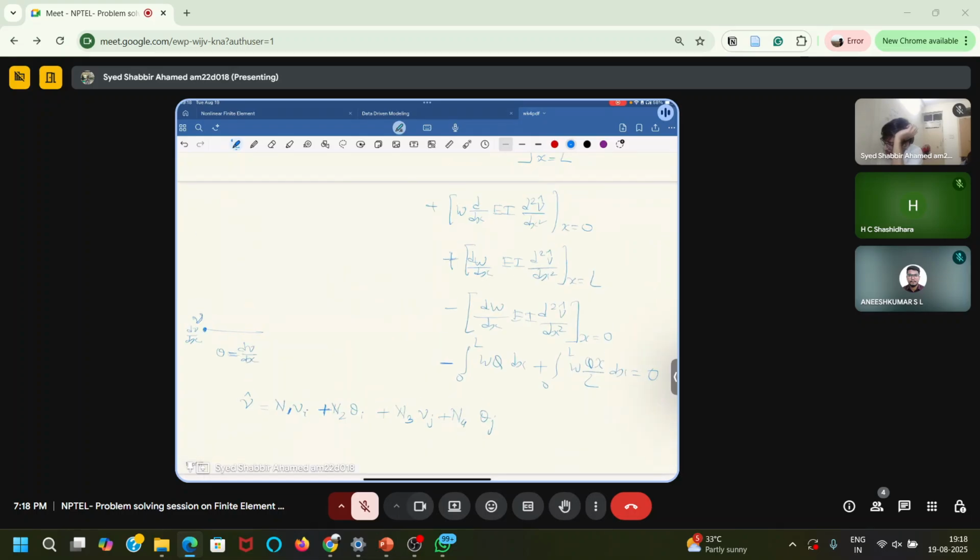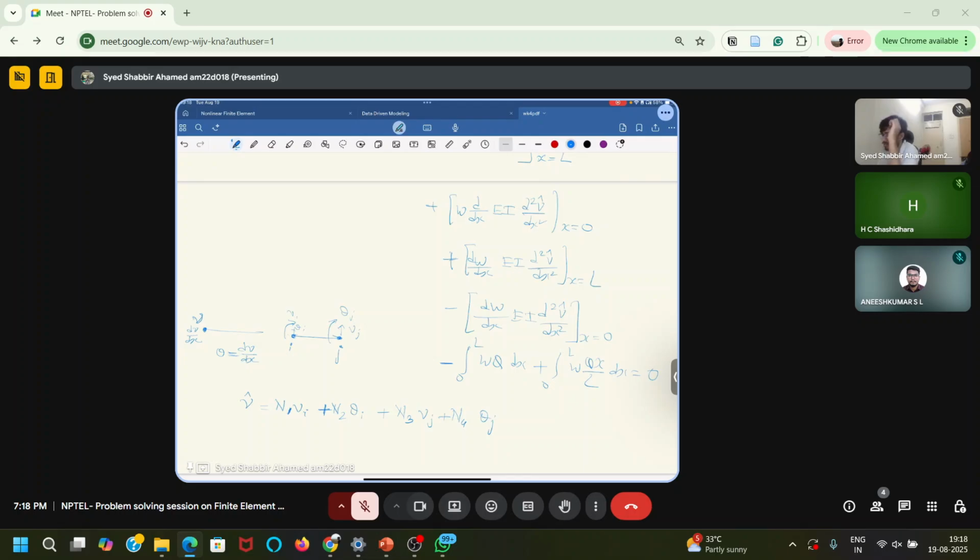If you have a beam element like this, and there are two nodes i and j, at each node there will be two primary variables, vi and theta i. Similarly here it will be vj and theta j.